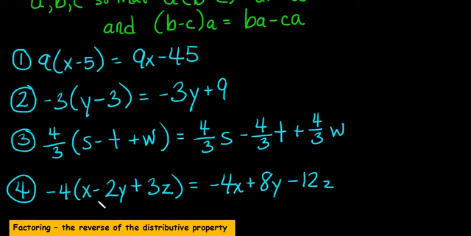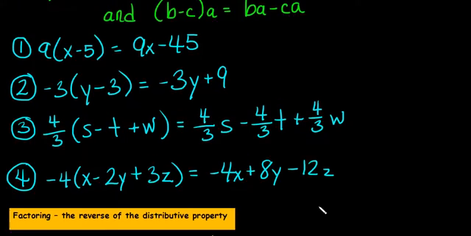Or you might have a problem that looks like this: negative 4 times everything in here, (x minus 2y plus 3z). You got negative 4x, and a negative times a negative is a positive, so plus 8y. And a negative times a positive is a negative, so negative 4 times 3z is negative 12z.